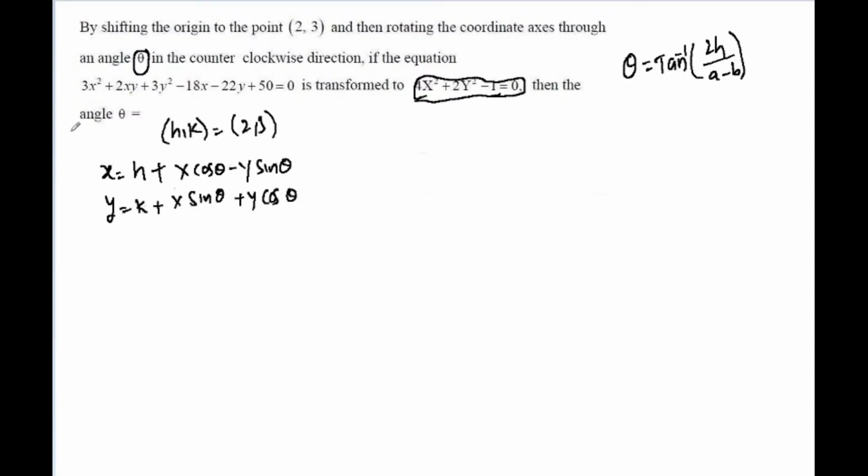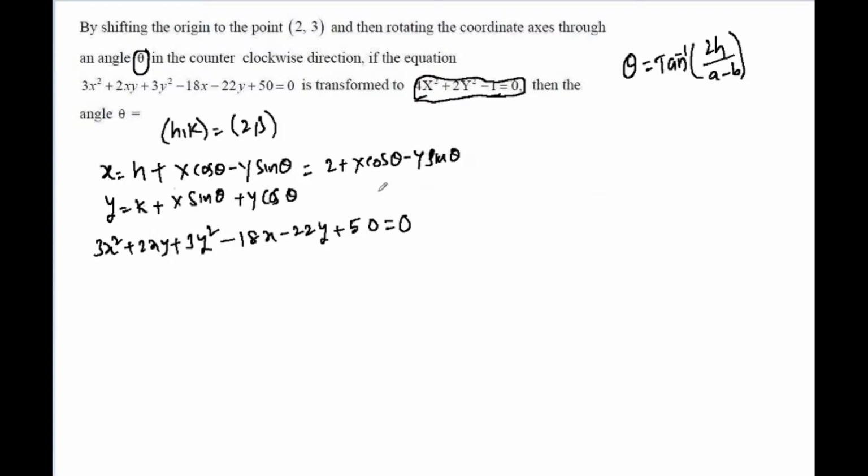So substituting these values in the given equation, 3x square plus 2xy plus 3y square minus 18x minus 22y plus 50 is equal to 0. Here the x value is 2 plus X cos theta minus Y sin theta, and the y value is 3 plus X sin theta plus Y cos theta.